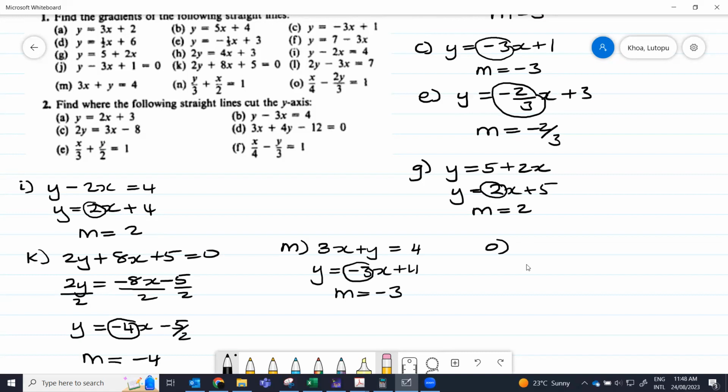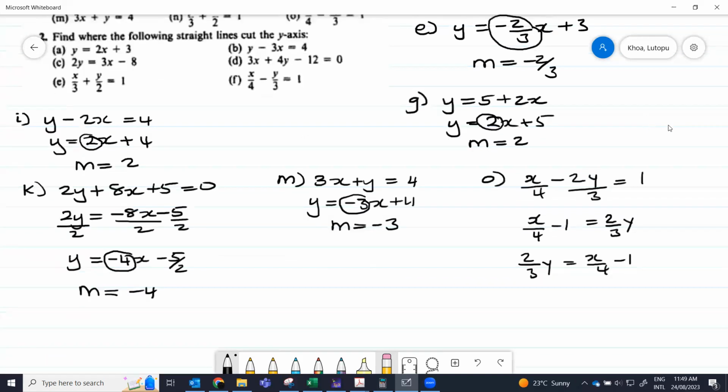And O, we have x over 4 minus 2y over 3 is equal to 1. So this y should go to the other side so that it becomes positive. This 1 should go this side. So we have x over 4 minus 1. This is 2 over 3y. Then I can always rewrite this as 2 over 3y is equal to x over 4 minus 1. So nothing has gone over to the other side. It's the same thing like when we say if 5 is equal to x, then it means x is equal to 5.